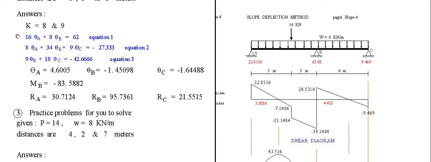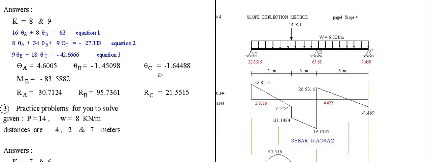I cannot say this is the right answer. You have to do your own equation and check this with this. Make your own equation, how to derive the equation with variables theta A, theta B, theta C. Then with 3 equations we can solve theta A, theta B, theta C. This is just a challenge.